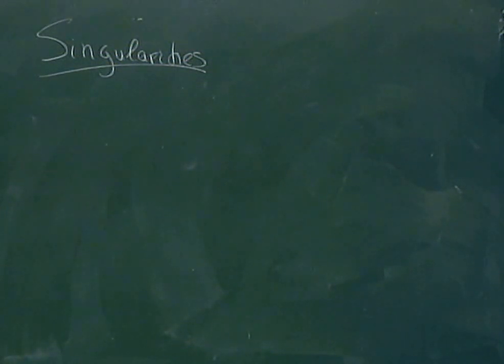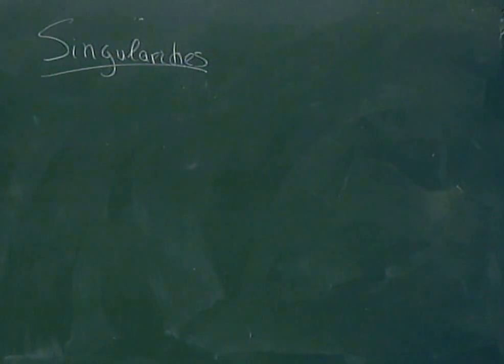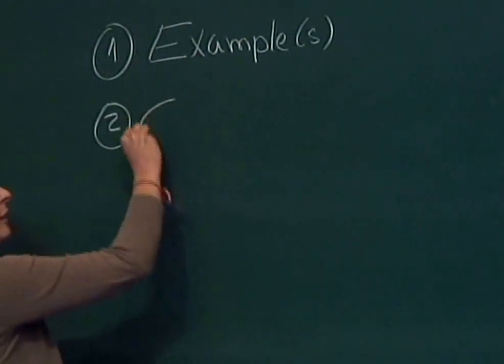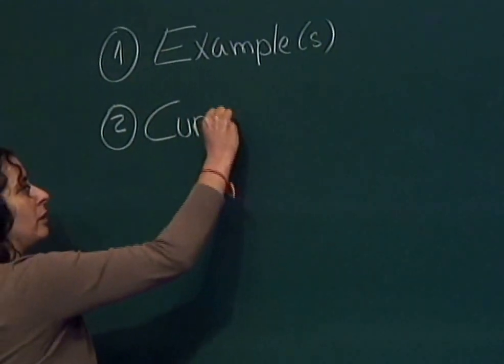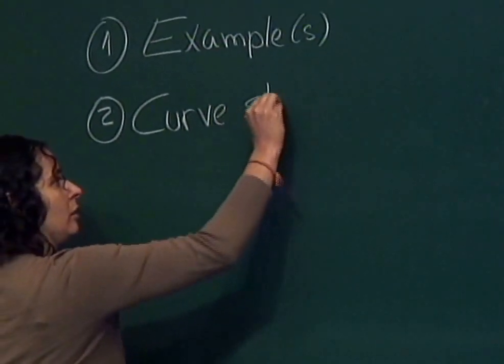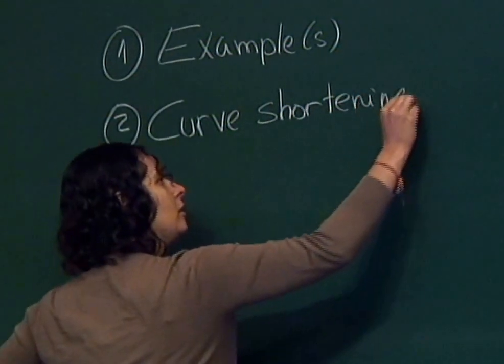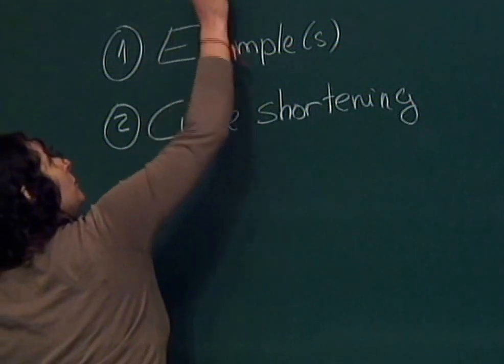I'm going to start with an example, or maybe more than one. Then I want to talk about the case of curves that is sort of special. This is for today.